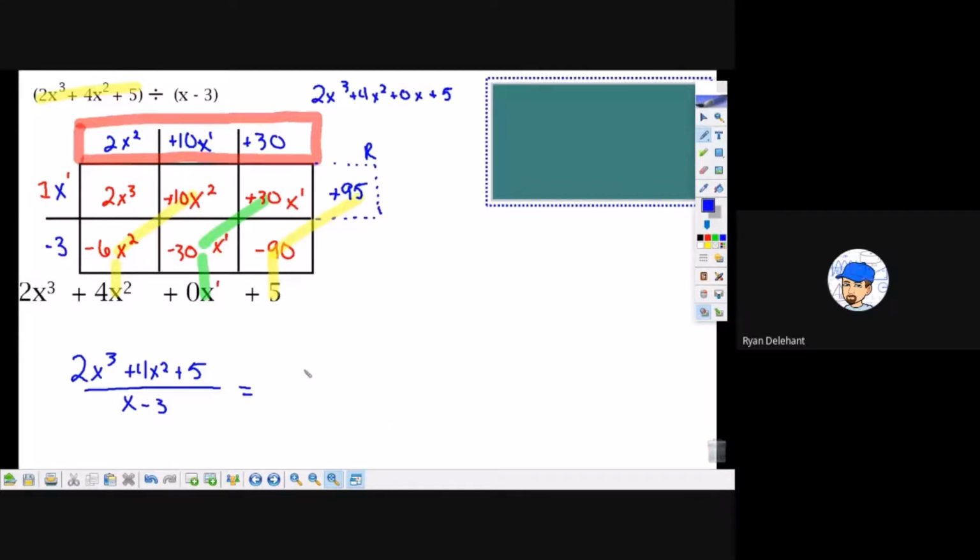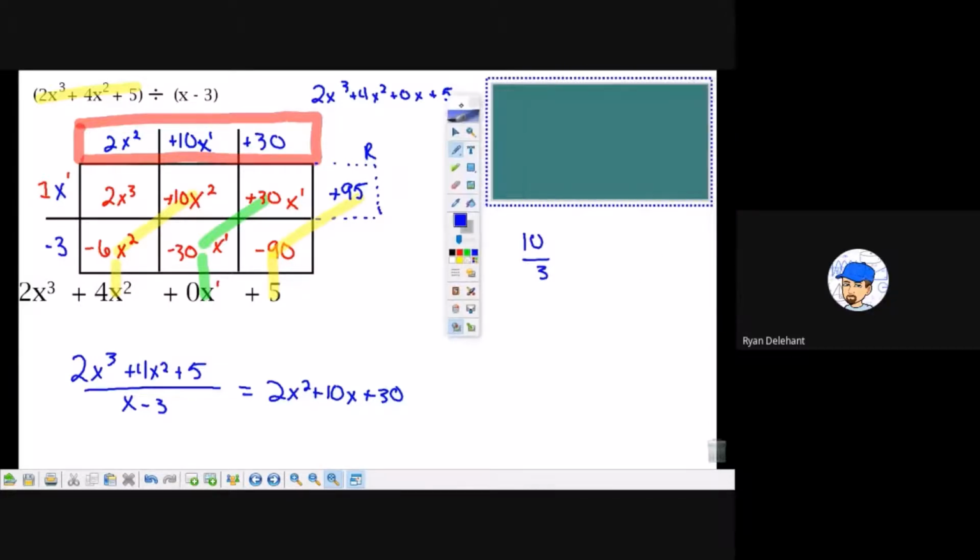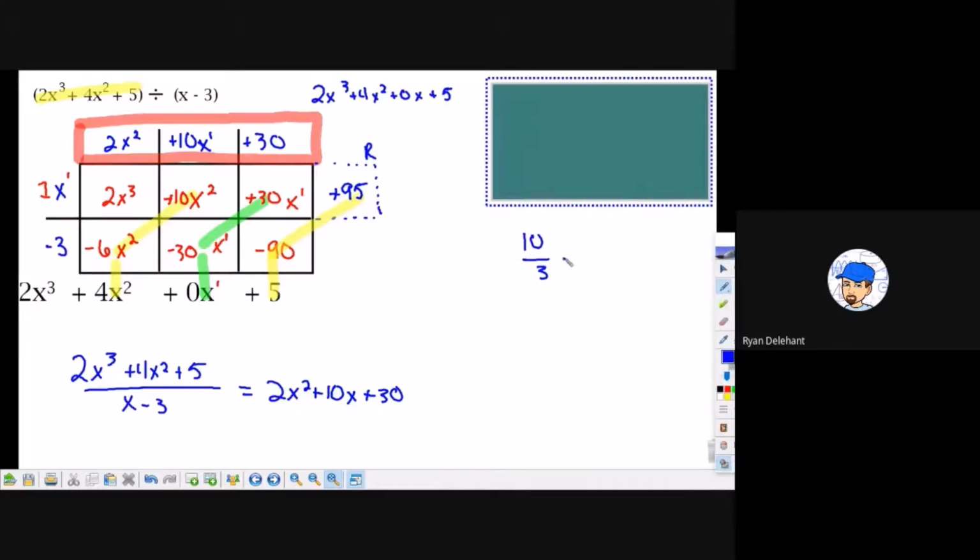So we're going to start with the top. It's 2x squared plus 10x plus 30. But now, how do we deal with the remainder? And this is where it's helpful to look back at this division. 10 divided by 3 is 3 with a remainder of what?